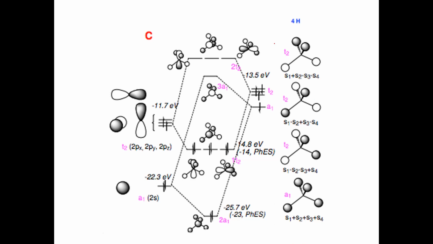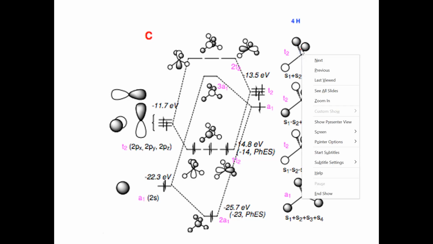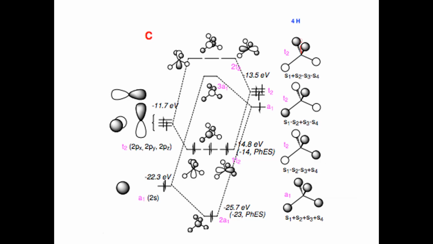So for instance, if I call this axis my z-axis, for instance, okay, and then you can see this is positive S1, S2, and negative S3, S4. I think I'm changing my notation here. Let me call this positive.